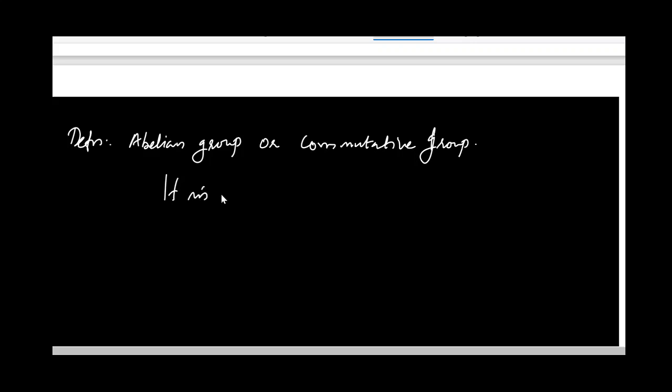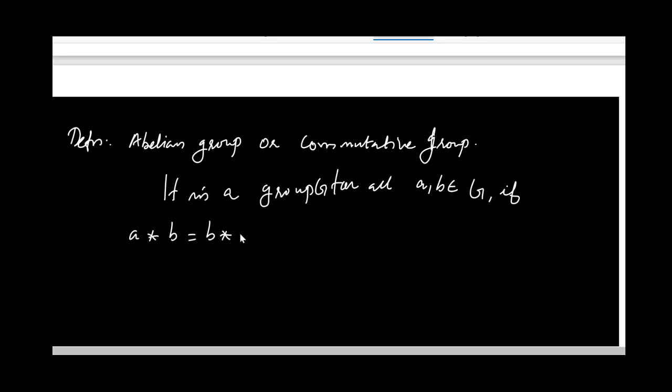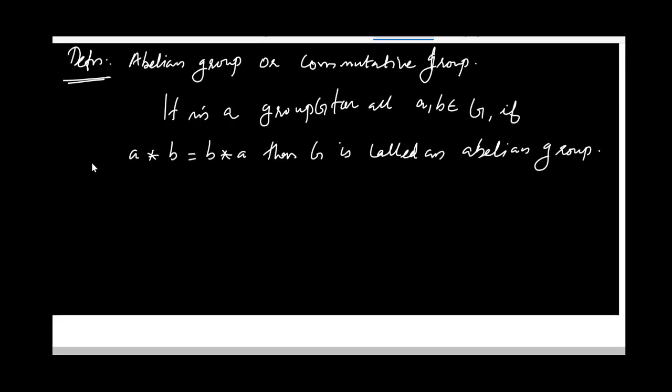If in a group G, for all a, b belongs to G, if a star b equal to b star a, then G is called an abelian group. For example, again you can take (Z, +).